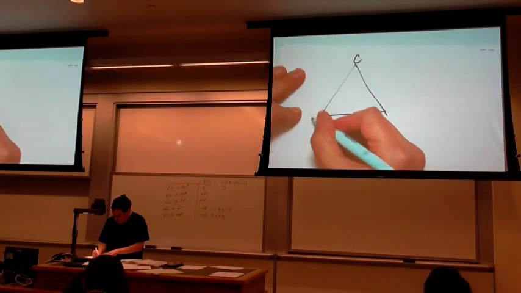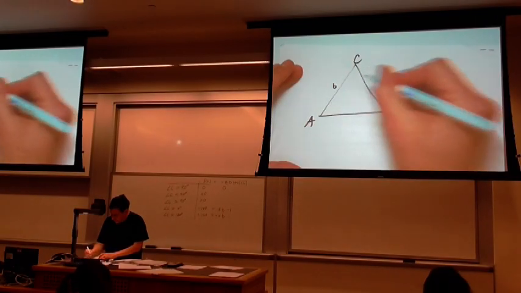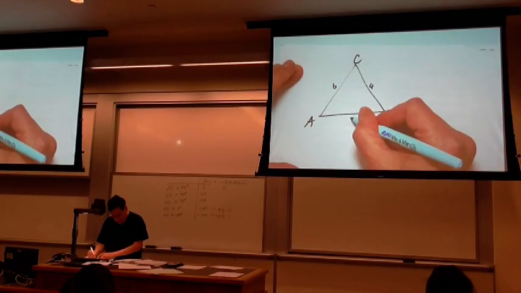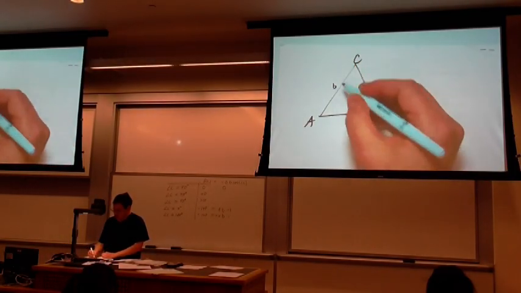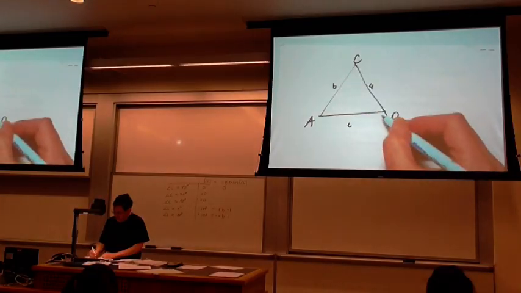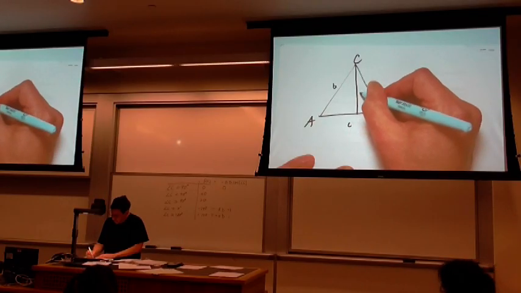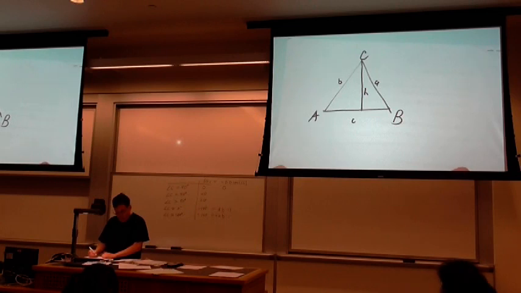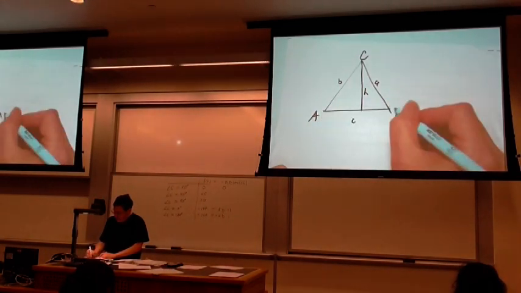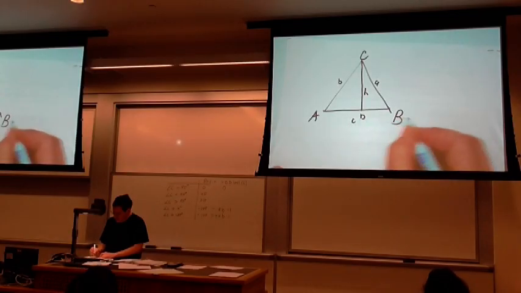And of course we're going to give it angles A, B, and C, and opposite sides A, B, and C. And by these letters I mean the length of B, the length of A, and the length of C. And as we often do in geometry, we're going to drop a perpendicular, which I'm going to call H. And I'm going to let H divide segment AB. I guess I'll put a D here into AD and DB.